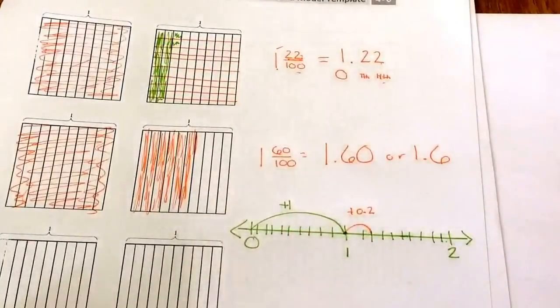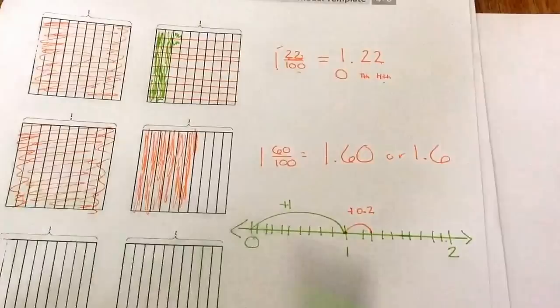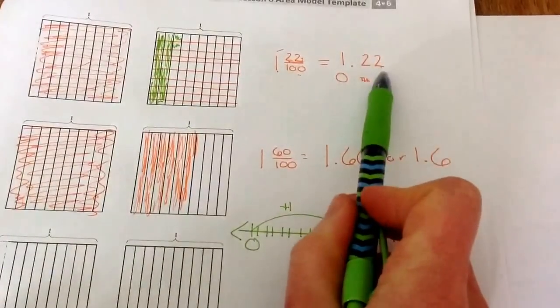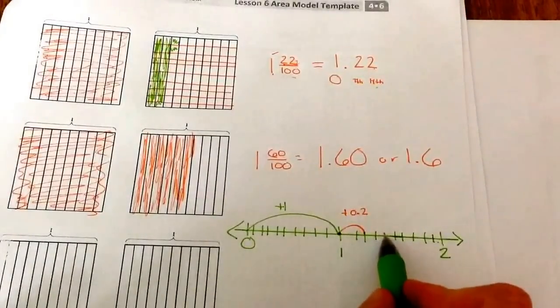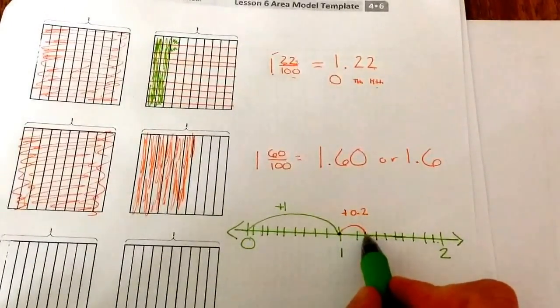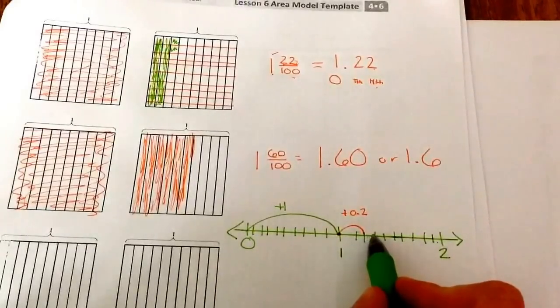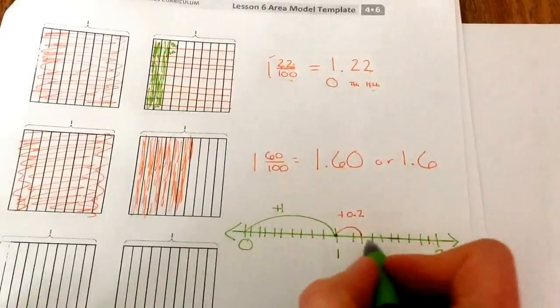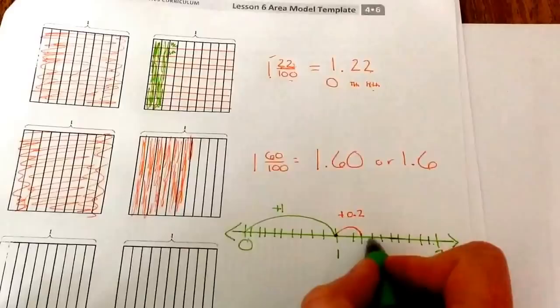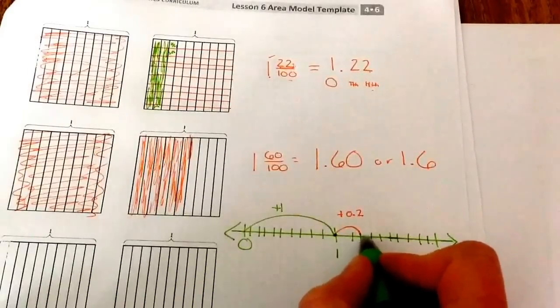Now's where it gets a little funny, because I have 2/100. Well, I'm not going to jump 2/10. I'm only going to go over 2/100. Now, I don't know about you guys, but I don't want to draw 10 little lines in between here. So I'm going to do a little bit of guesstimating. I know I have 2/100, and there are 10/100 in each tenth, so there's 10 in here.